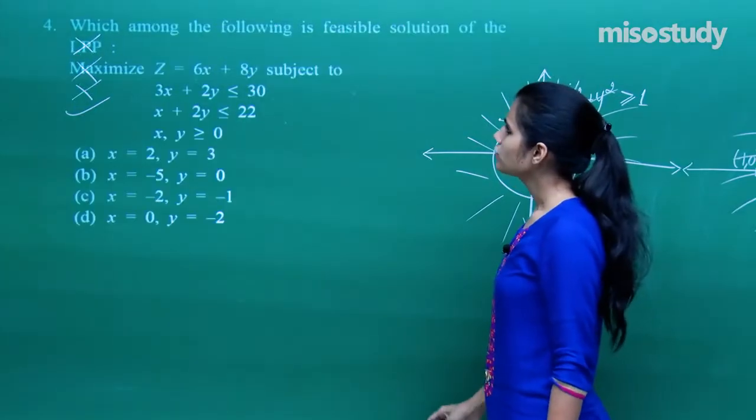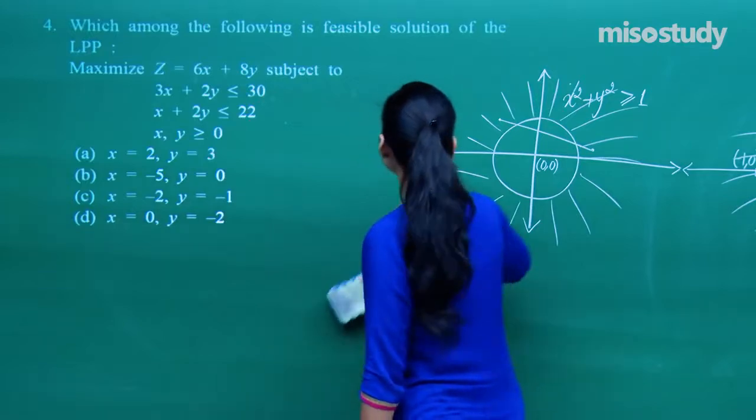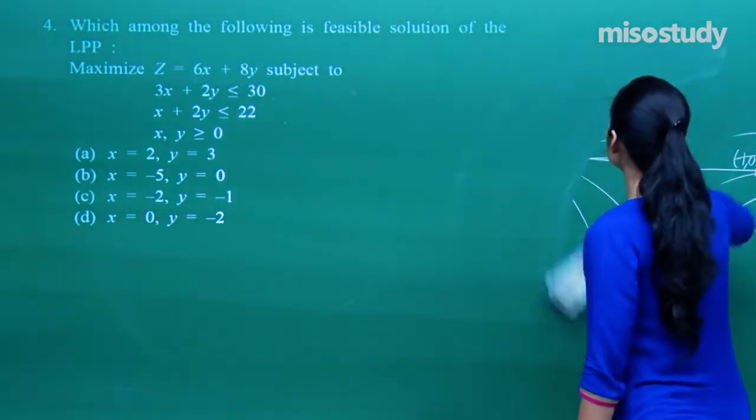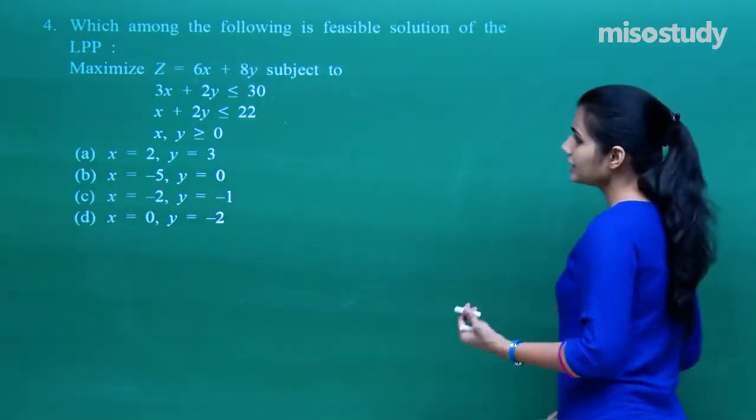Talking about the next question we have, which among the following is a feasible solution of the LPP? For this you should be very clear with the definition of feasible solution. Feasible solution is first of all a solution. Next thing is that it is feasible.